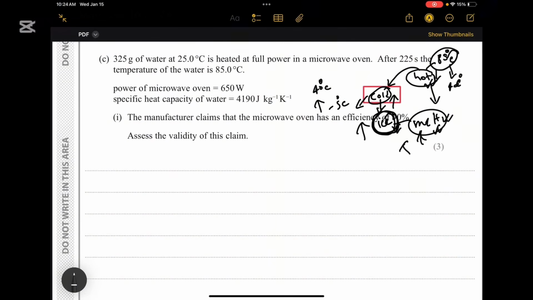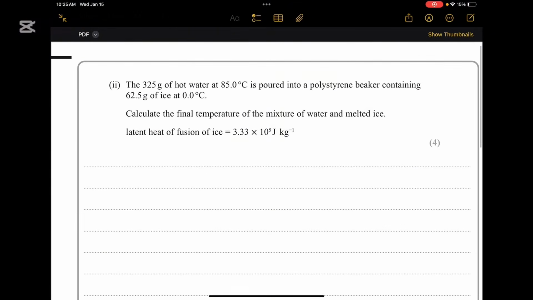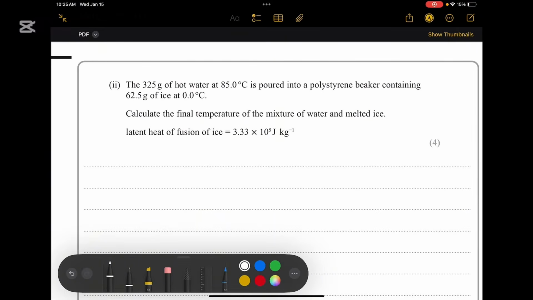While writing this type of answer, the first thing we have to write is that the energy is transferred from the hot water.